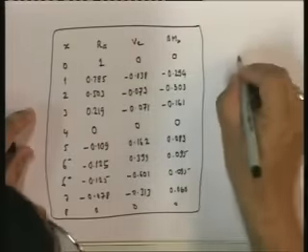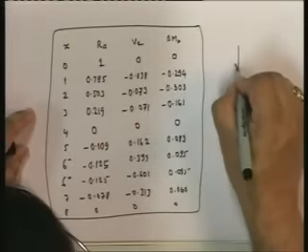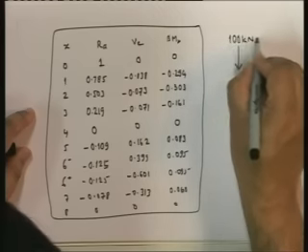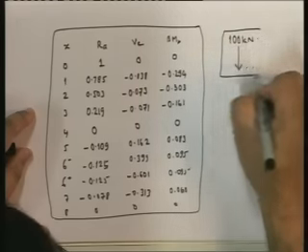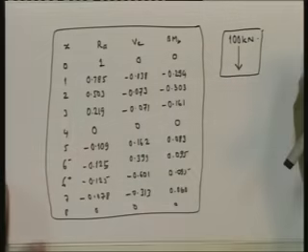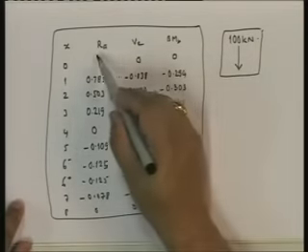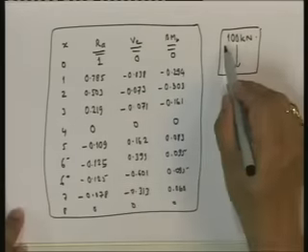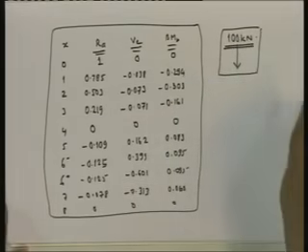Okay? And then I would like you to find out the maximum values for a point load of 100 kilonewtons. So you find out the maximum value or the design responses for all these three for 100 kilonewtons.